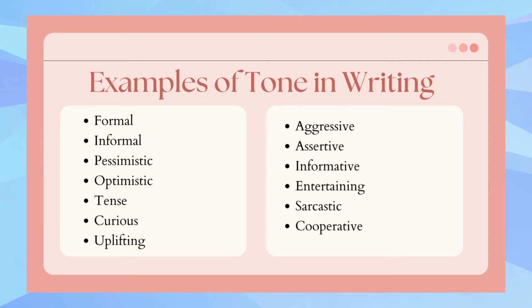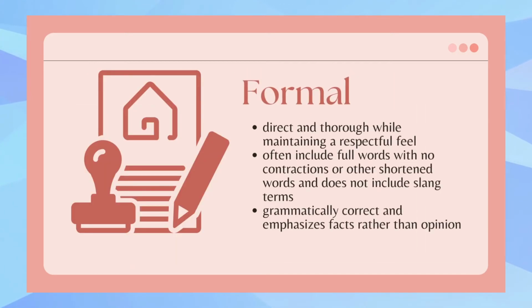Okay, so for us to better understand the tones in writing, here are some of its examples. We have a formal, informal, pessimistic, optimistic, tense, curious, uplifting, aggressive, assertive, informative, entertaining, sarcastic, and cooperative.